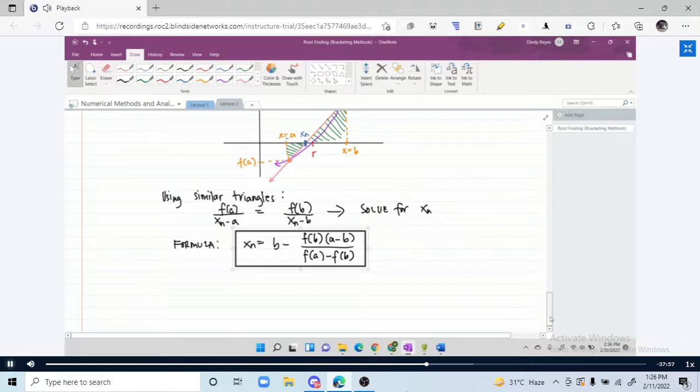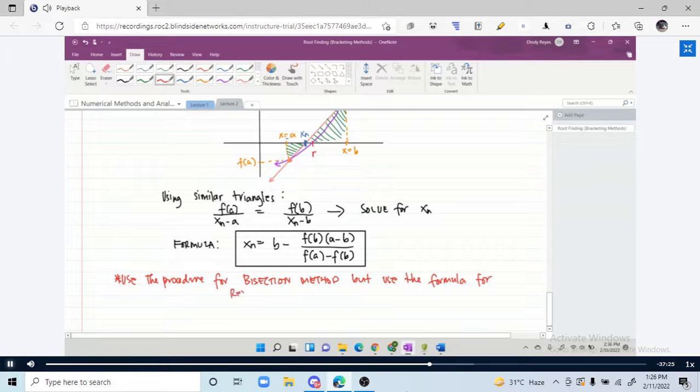Yan ang formula natin gagawin. Okay, use the procedure for bisection method. Okay, but use the formula for regular falsi in step 2.